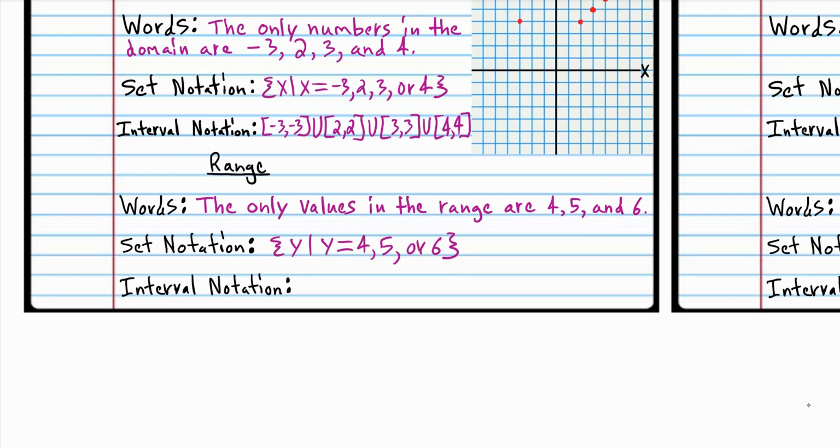Again, it's really not something that is that important in this context. But it's probably best to say "or" when you're writing the set notation. In interval notation, we write 4, comma 4 in brackets, union, 5, comma 5 in brackets, union, 6, comma 6.